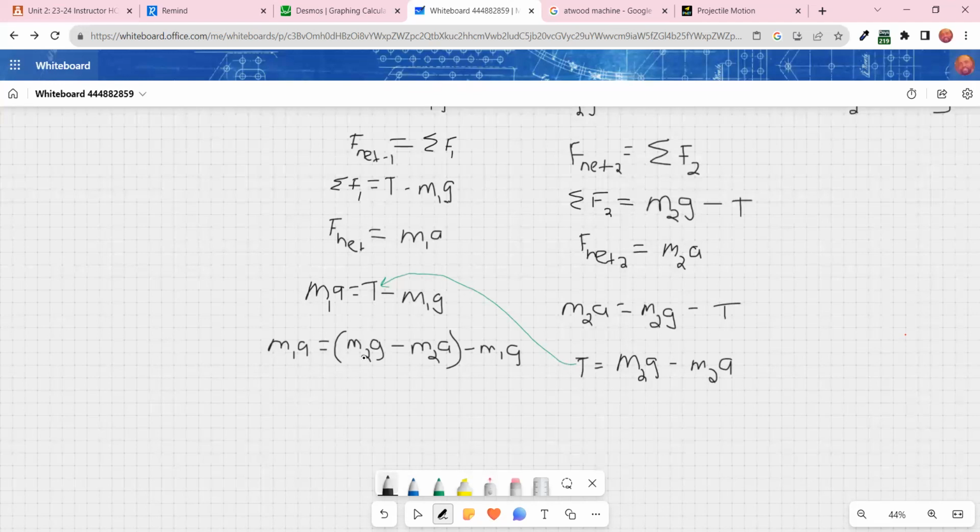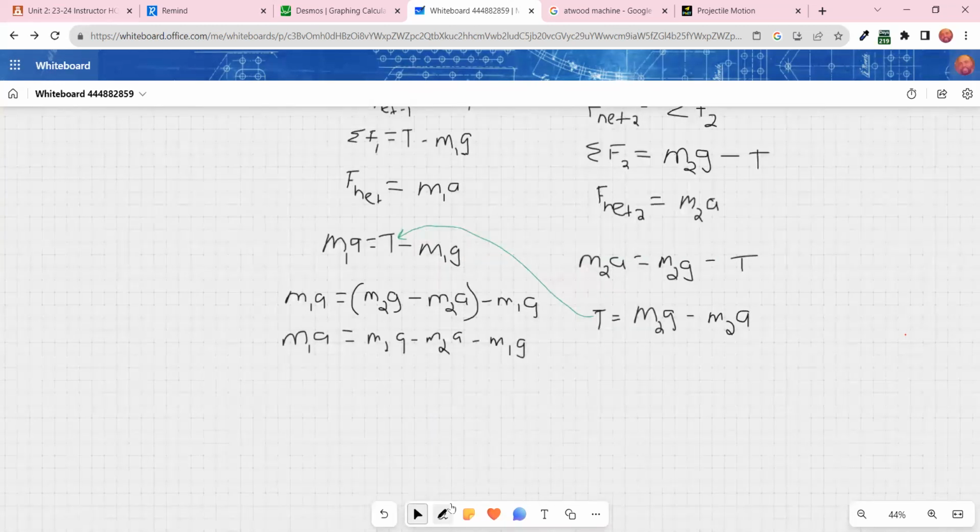Well, this is not multiplication or division. All I'm doing is adding or subtracting this from that. So I just go ahead and I say m1a is equal to m2g minus m2a minus m1g. And I know what my g is. It's negative 9.8.